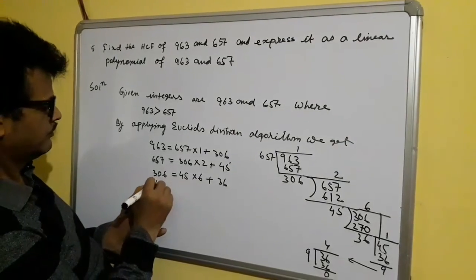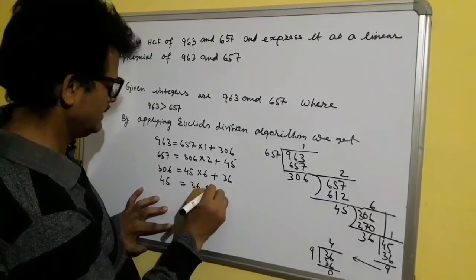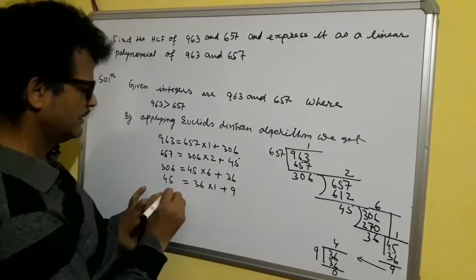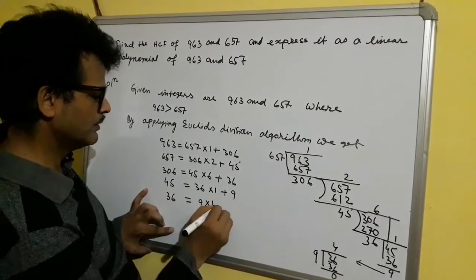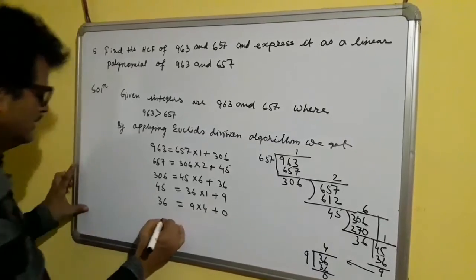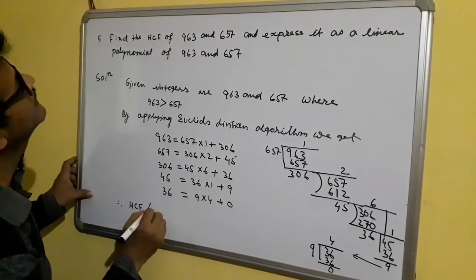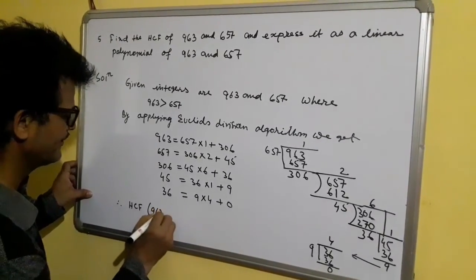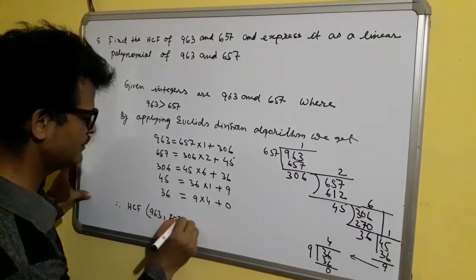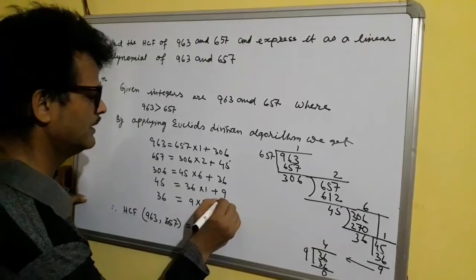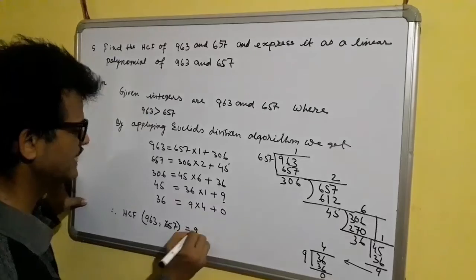Now when we divide 45 by 36, we get 1 time and remainder 9, and last 36 is equal to 9 into 4 plus remainder 0. Therefore HCF of 963 and 657 is equal to 9, the last non-zero remainder, or last divisor.